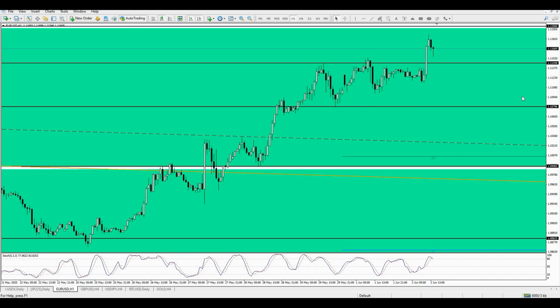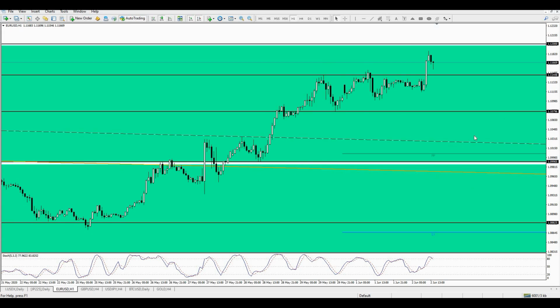So on the lower time frame, on the 1-hour chart, you can see that we had an accumulation, a breakout, an aggressive breakout. Maybe the price will come back to retest this broken static resistance at 1.1144 before it resumes this bullish upside movement.